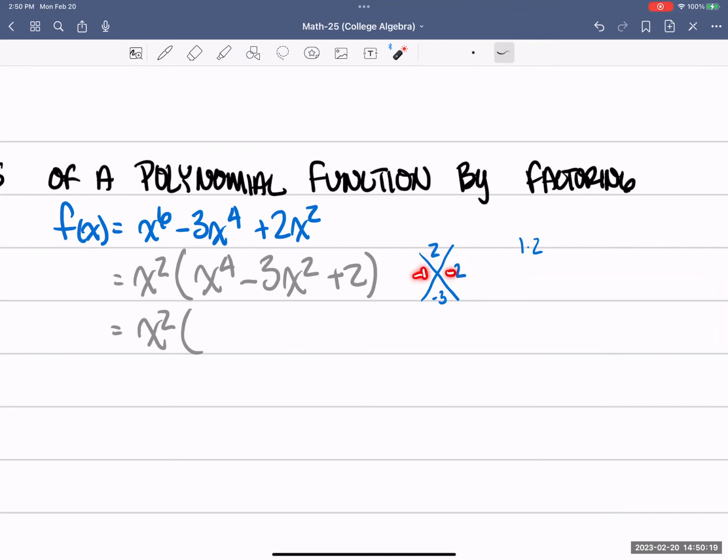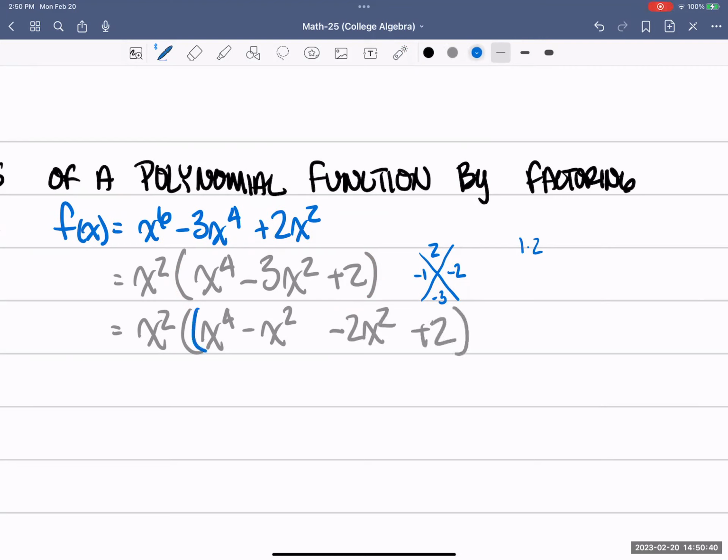Negative 1 minus 2 gives us negative 3. So now we're going to rewrite this expression up here with a 1 and 2 instead of that 3. X to the power 4 minus x squared minus 2x squared plus 2.